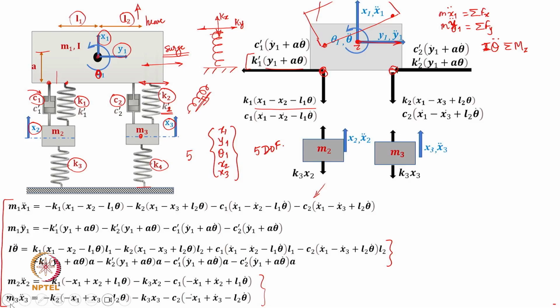You can now rearrange them so that you have an equation similar to mx double dot plus cx dot plus kx equal to 0, as a further step from this point onwards. But this is how a multi degree of freedom system can be analyzed.